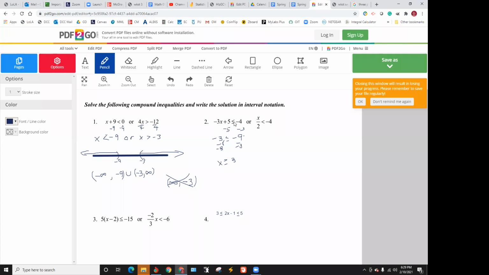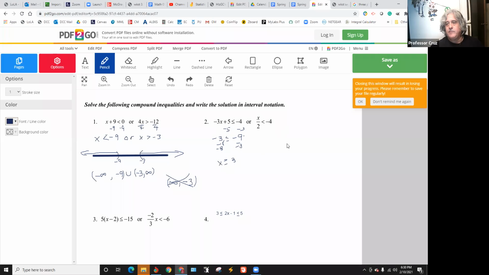Yeah, because it's less than, and then we introduce a negative number, so it's got to come around. This one is pretty simple because you're just multiplying by 2, the reciprocal. So you multiply this by 2, and x is less than -8.